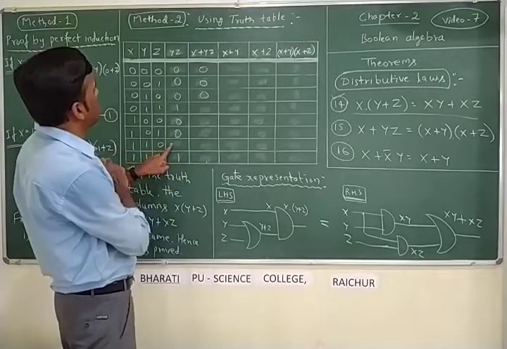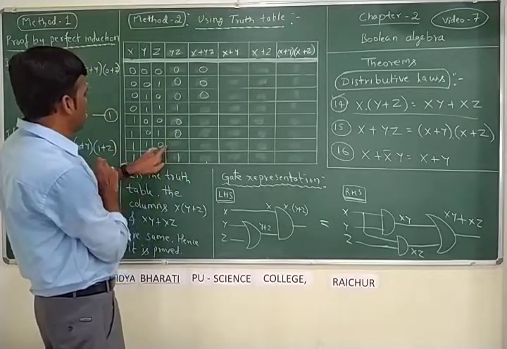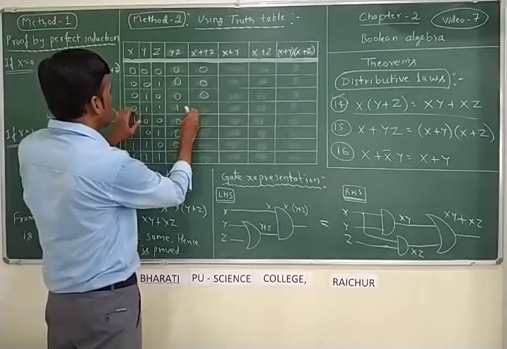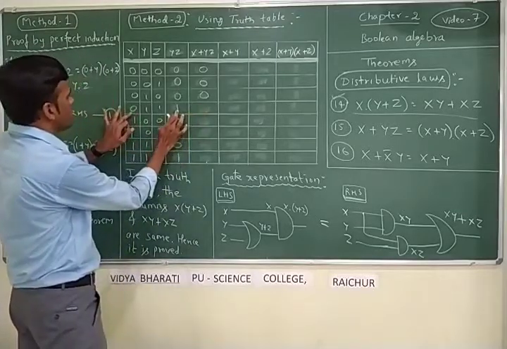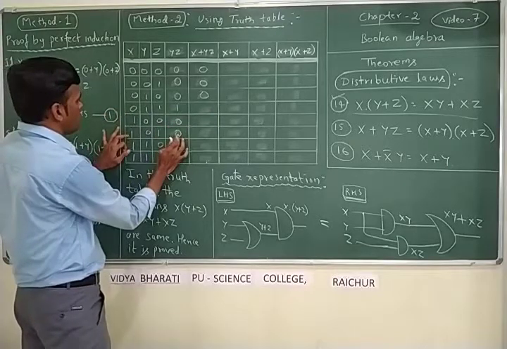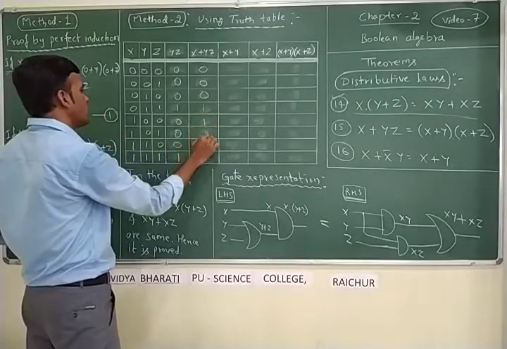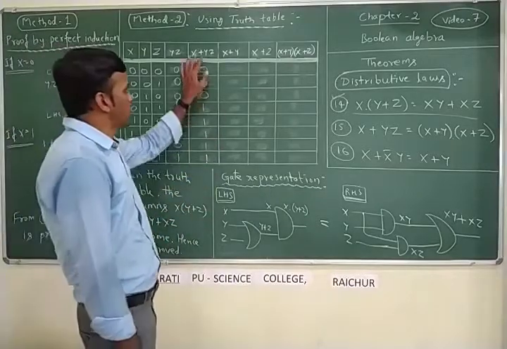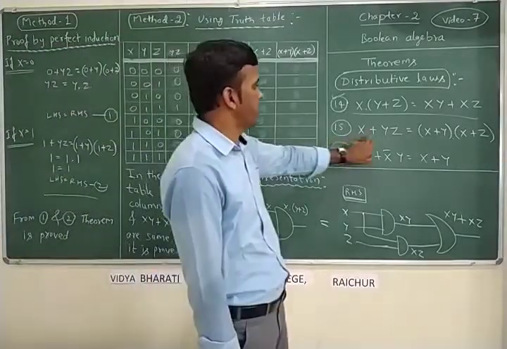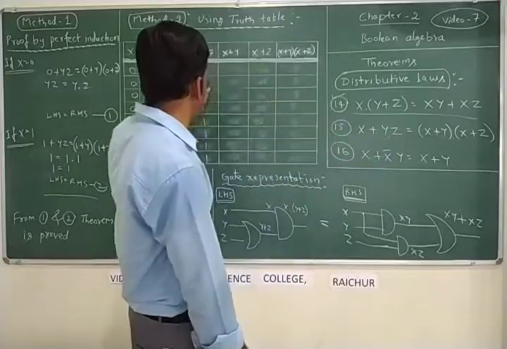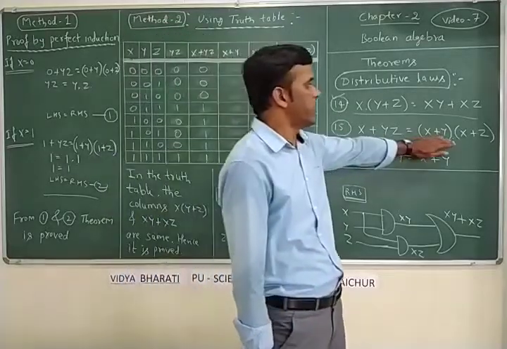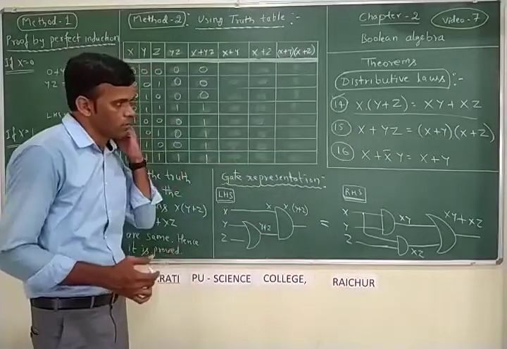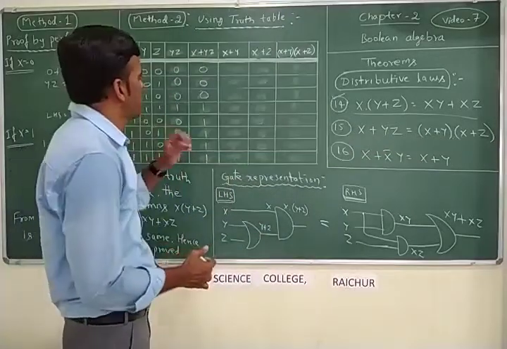So what about this one? yz is 0, so x plus yz. In all the remaining cases it is going to be 1. So this x plus yz is completed. The same result we have to get for this side also, because the theorem is given already, so it has to be the same.